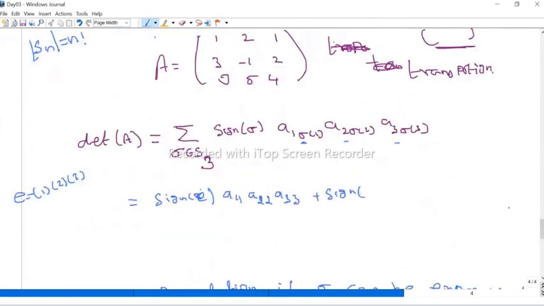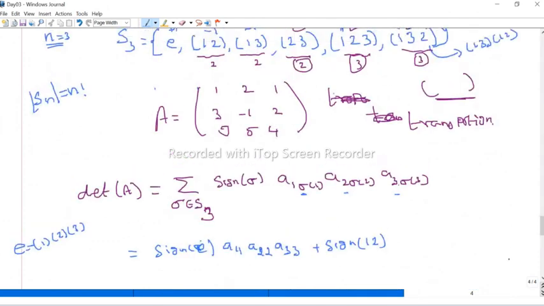So sign of 1 2 means 1 goes to 2, 2 goes to 1, 3 is fixed. Substituting into the formula, A1 sigma of 1, and sigma 1 maps to 2, therefore A1 2. A2 sigma of 2, 2 maps to 1, therefore A2 1, and 3 is fixed, therefore A3 3.